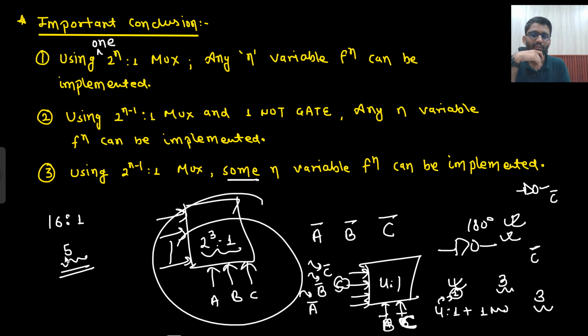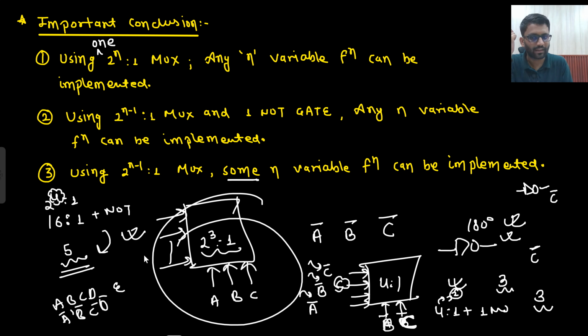No. Why so? Because you can get only 4 variables and their inverters, basically A, B, C, D, and A bar, B bar, C bar, D bar. You will not get E bar. But if you are having plus 1 NOT gate, then can you implement? Yes, I can implement. So that's the thing.